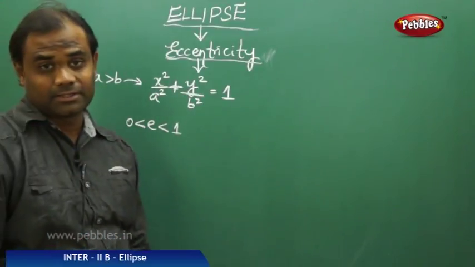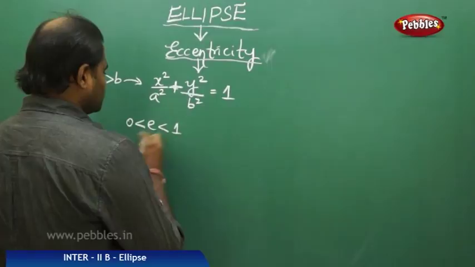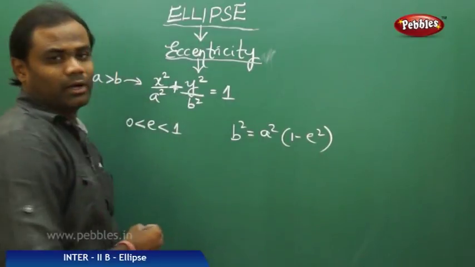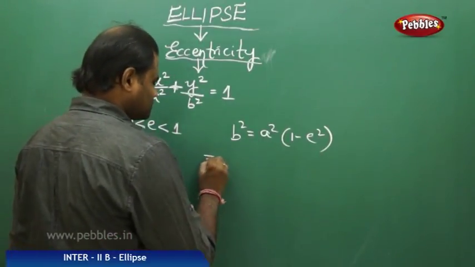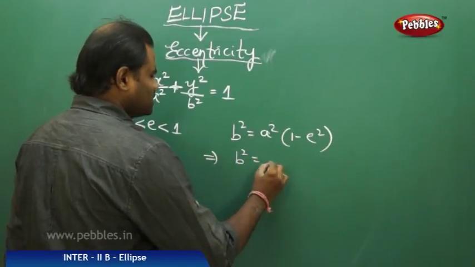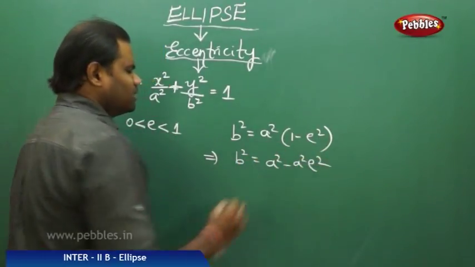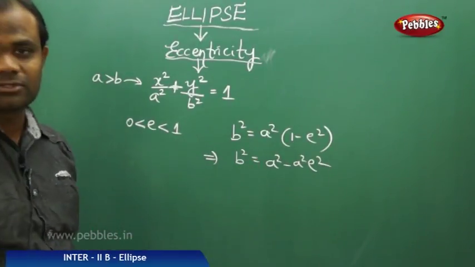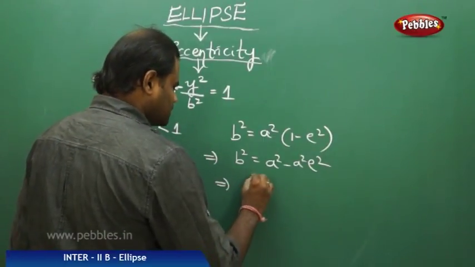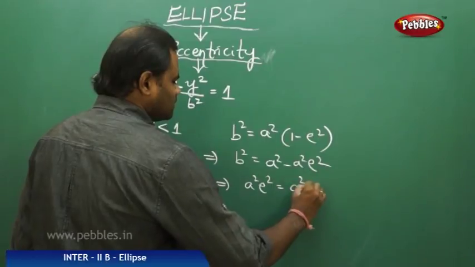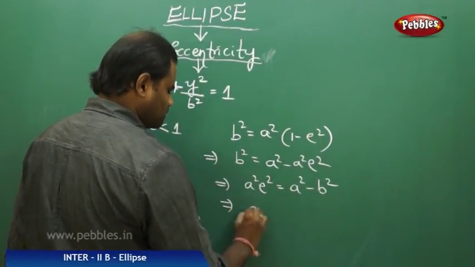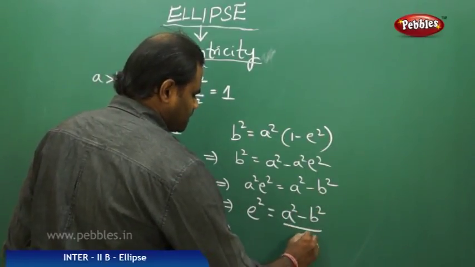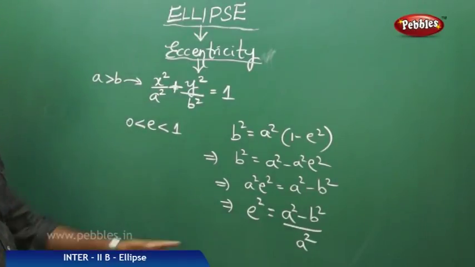Let's see what the value of eccentricity is. For this ellipse, we know that b square is a square times (1 minus e square), which when the brackets are expanded gives b square equals a square minus a square e square. Now we want to make e the subject, so I take all e terms to the left, and therefore I get a square e square equals a square minus b square. That implies e square is (a square minus b square) by a square.